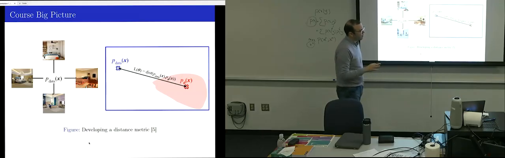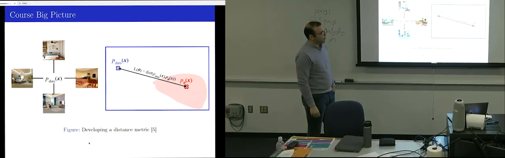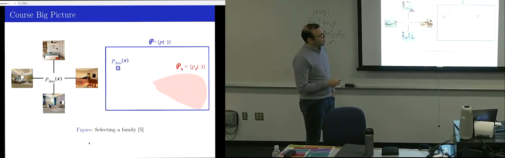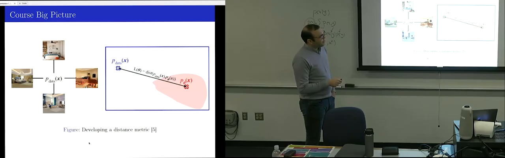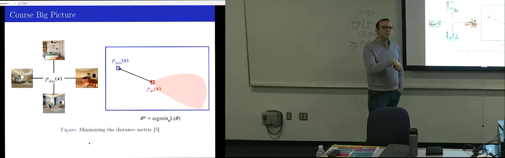It is completely different from the distances we have learned previously. We want to define a distance metric between two distributions, and pay attention that I do not have access to the true data distribution. I have just samples from the true data distribution, which are these images or text or voices or anything else. So the first step is defining the family. The second step is to design the distance metric, and the third step is to minimize this distance metric.